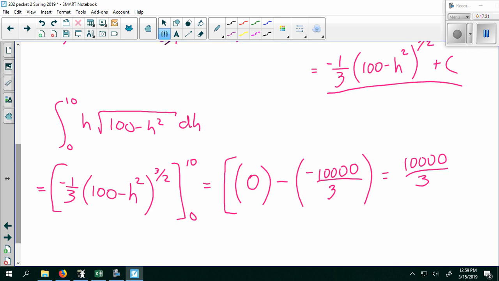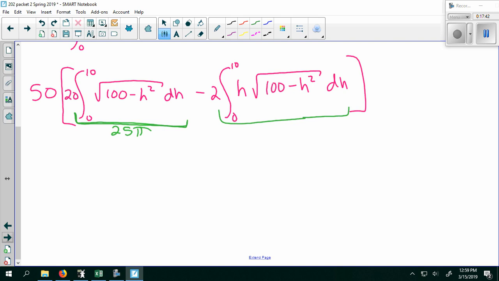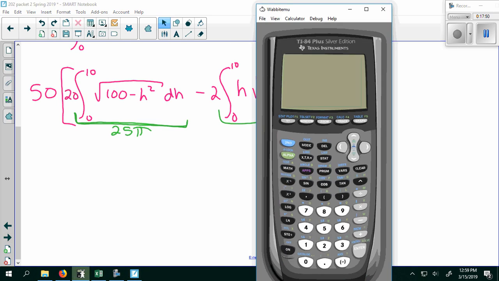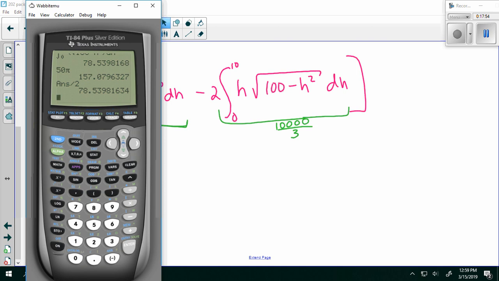So again, this is a small piece of a larger problem. I'm going to go back and replace the integral I just evaluated with 10,000 thirds. And then before I go ahead and move forwards, I want to check that with my calculator.